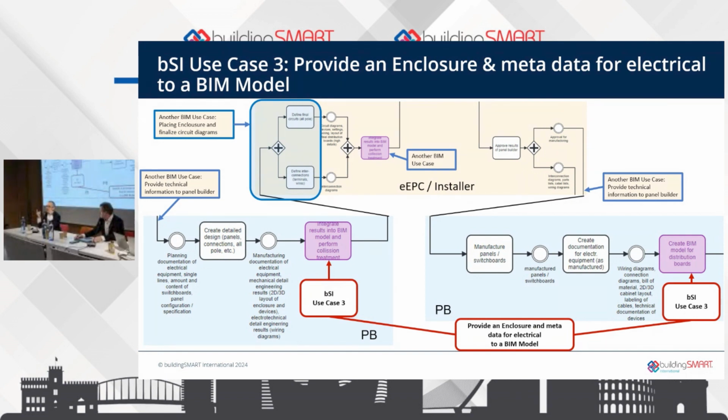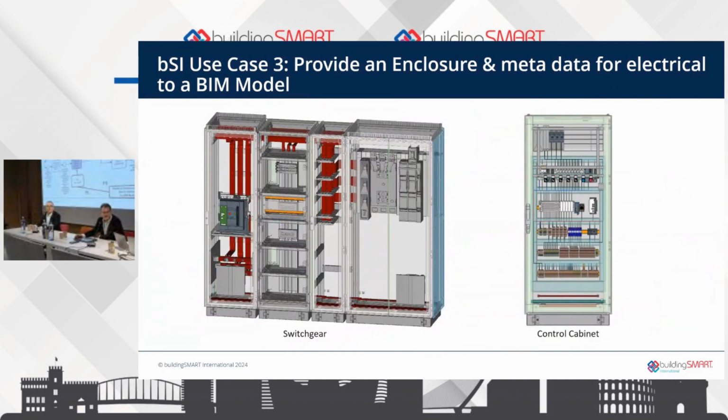This is to illustrate that one of the specificities of the electrical field is that if we ask an electrical engineer to draw a building, he will not draw walls and windows and things like that. He will draw electrical symbols and lines. And we have to bring this into the BIM model.